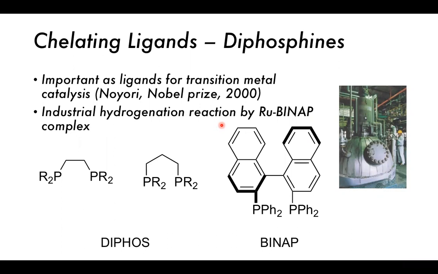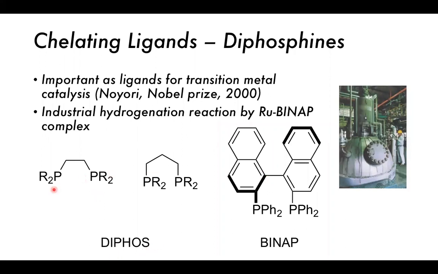They're important for things like industrial hydrogenation reactions. They're good for the formation of catalysts which provide single enantiomer reactions and so on. You can design them to give you the product that you want in your reaction.